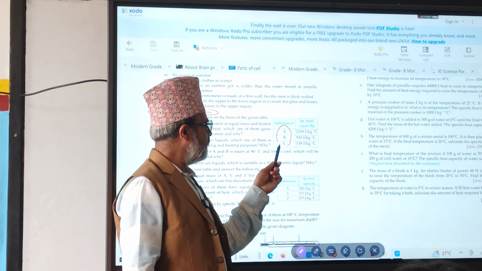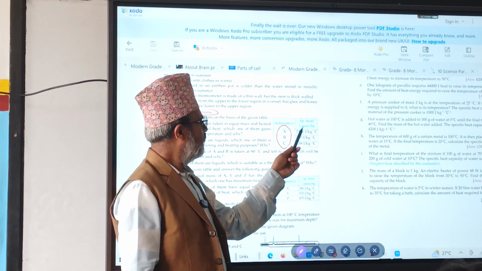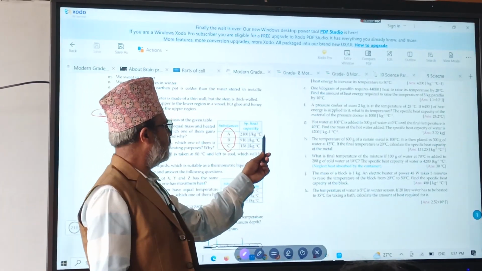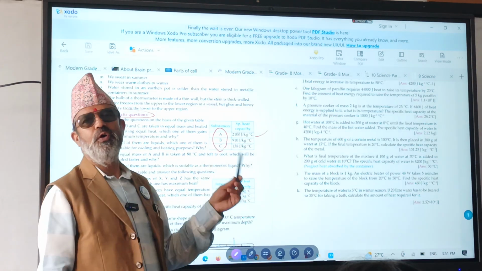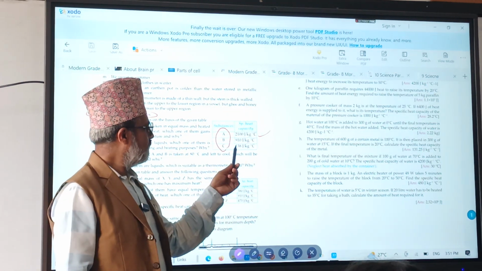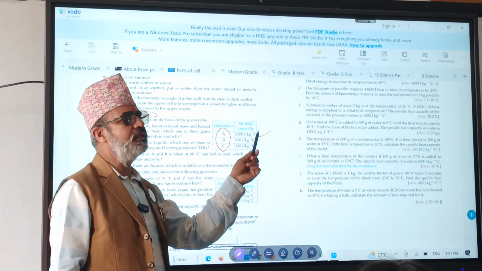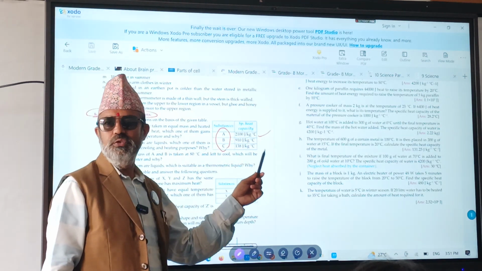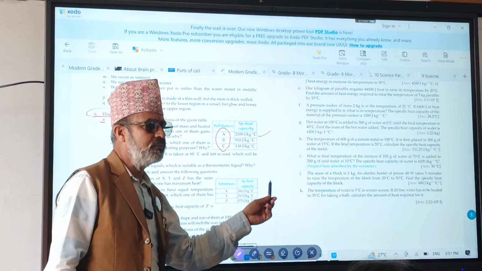Substances A, B, and C, and specific heat capacity. What is the specific heat capacity of substance A? Joule per kg per degree centigrade. And B, 910 joule per kg per degree centigrade. And C, 138 joule per kg per degree centigrade, right? These things we have to remember.